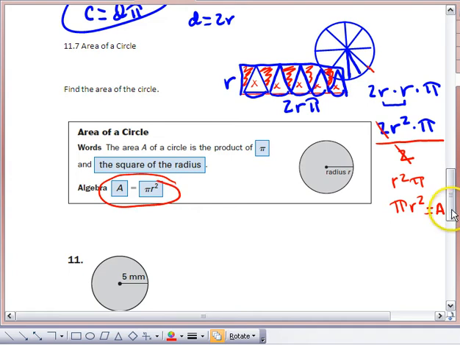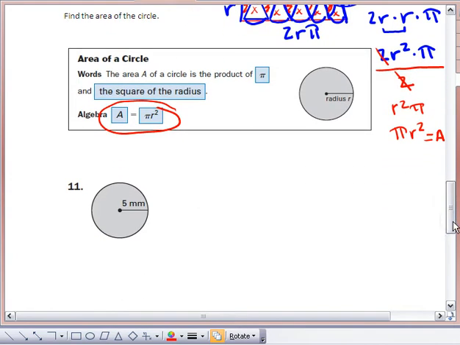So now let's apply it. Let's say I have this circle. Its radius equals 5 millimeters. If I take my formula, area equals pi r squared, and I plug in what I know, pi is 3.14 times 5 squared.